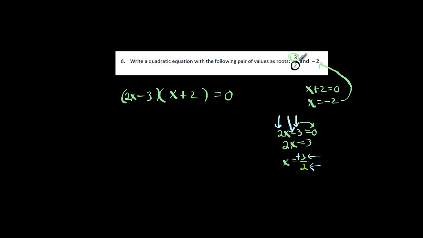So if you ever have a root, let's say if the root is something that looks like a over b, then it comes from something that looks like bx minus a.